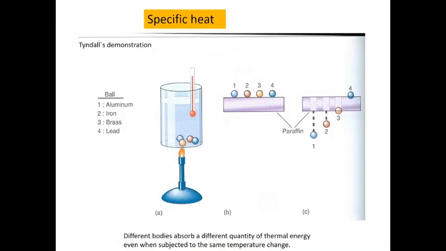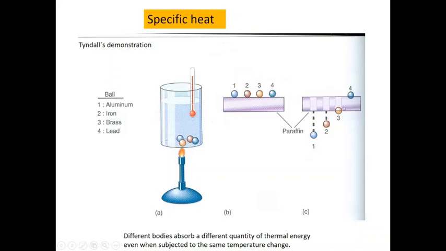And then we put them on top of paraffin. Paraffin is, you know, candle wax. They are very hot because their temperature is very high, and then the paraffin starts to melt under the balls, and they start to fall down.